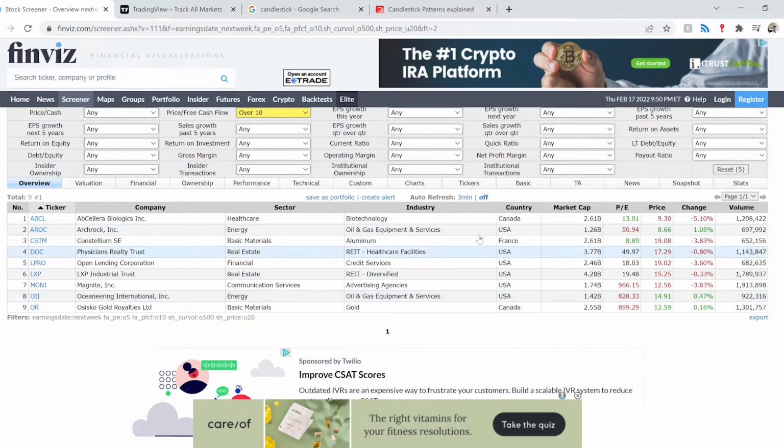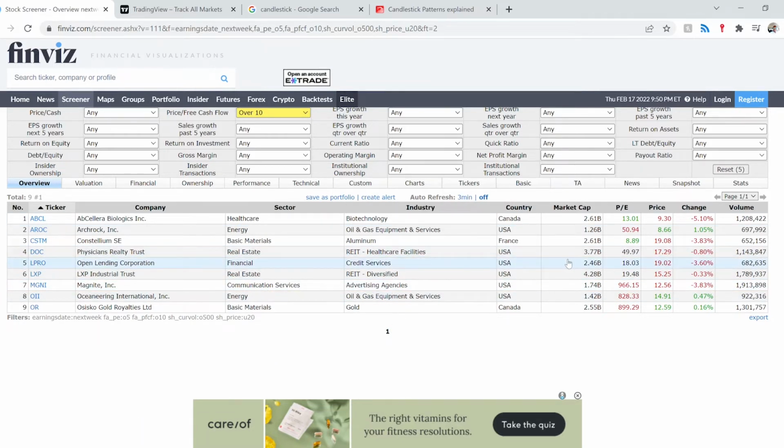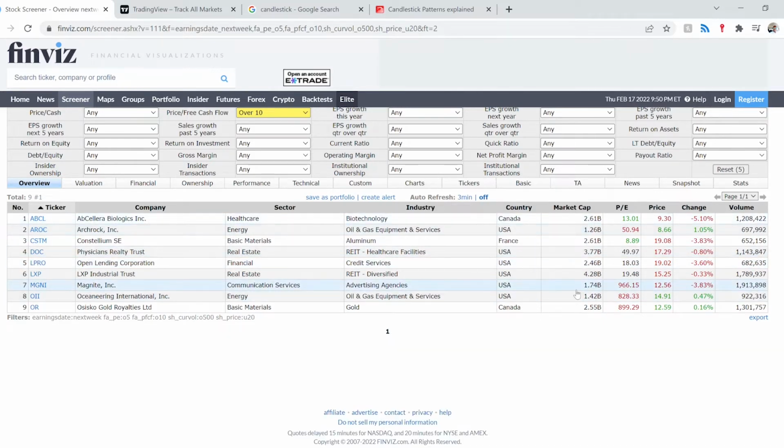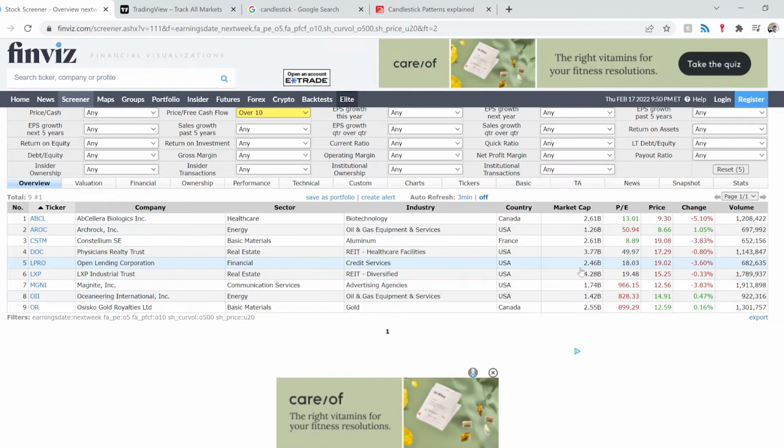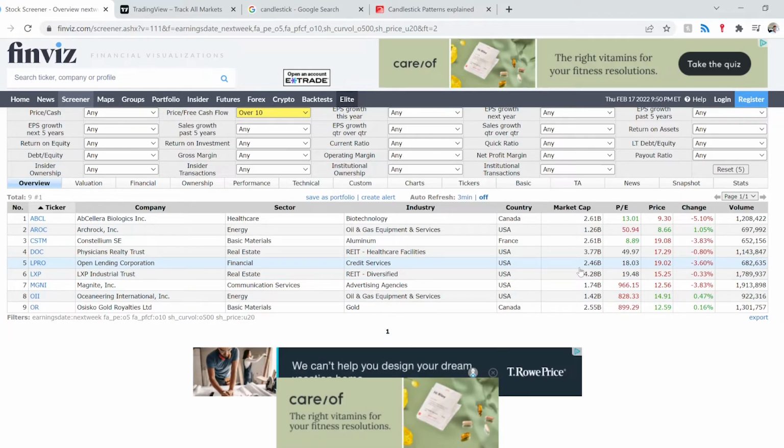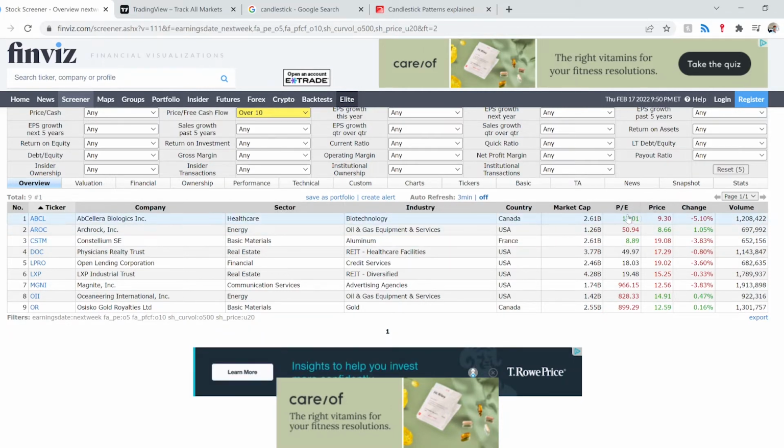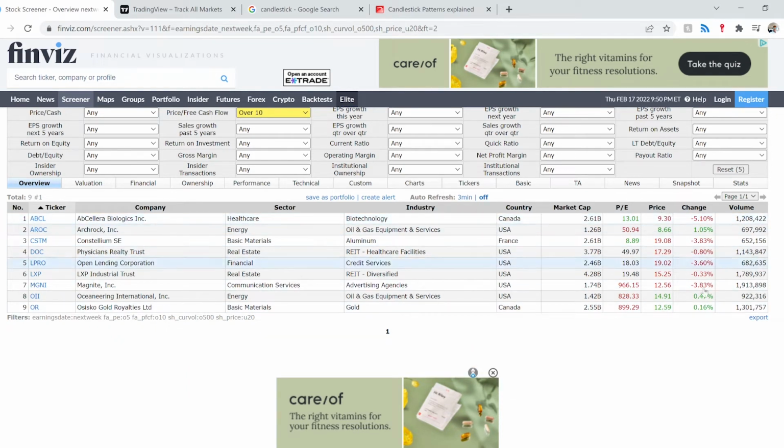Now right here you have a list of 9, and you can sort them by whichever criteria you want. You can sort them by industry, by sector, by price to earnings ratio, whichever way suits you.